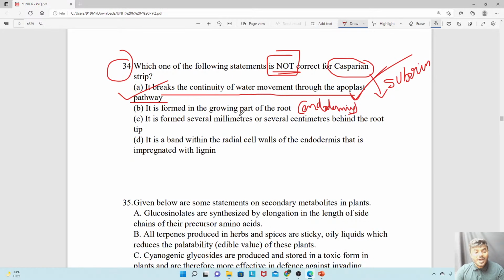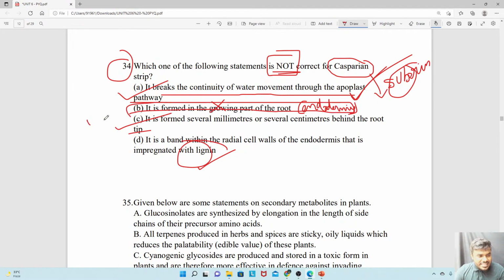It is formed in the growing part of the root. That cannot be. This is the wrong statement. It is formed several millimeters or centimeters behind the root tip. Right statement. And what does the Casparian strip contain? Suberin, and it also contains lignin. Hence the wrong statement, which is not correct, is B.